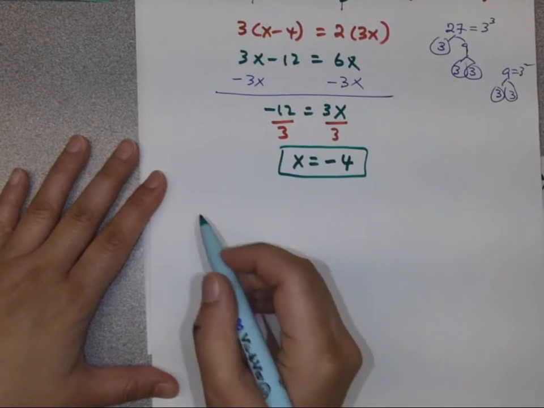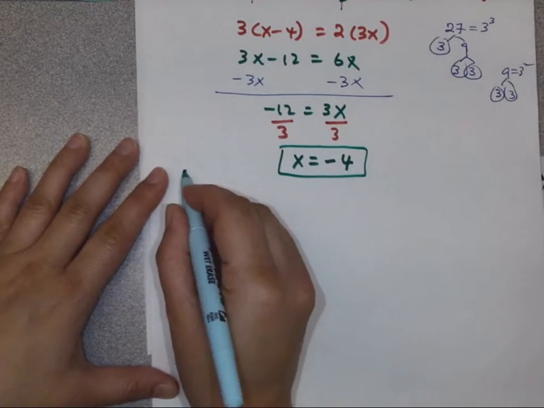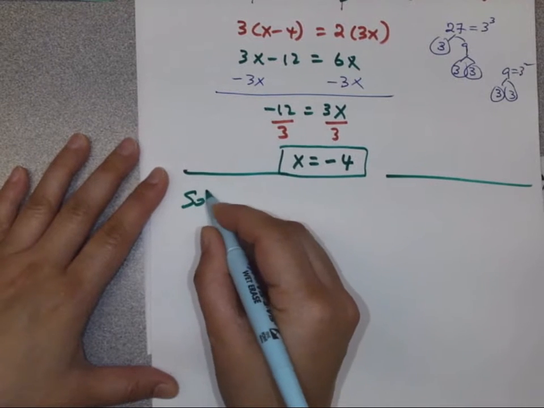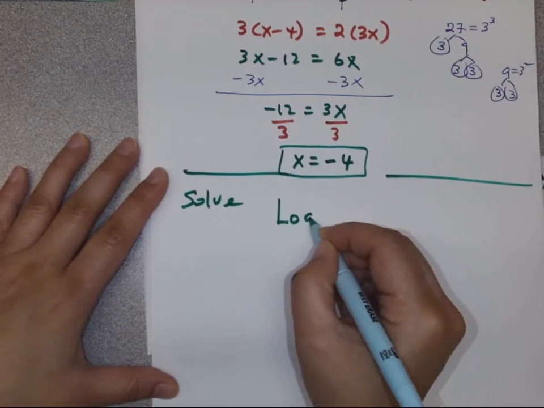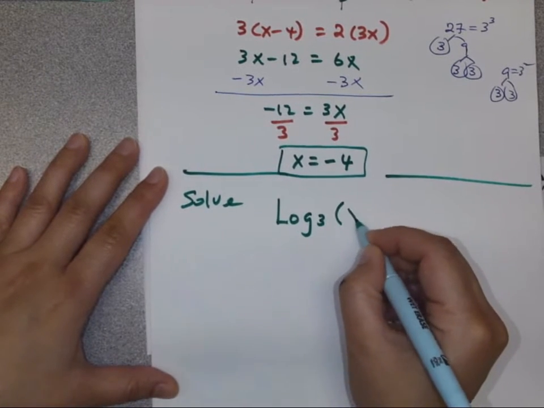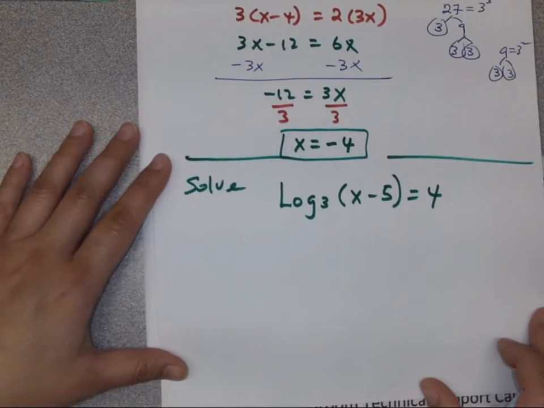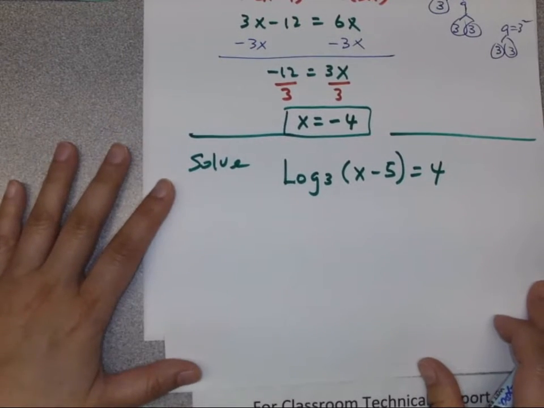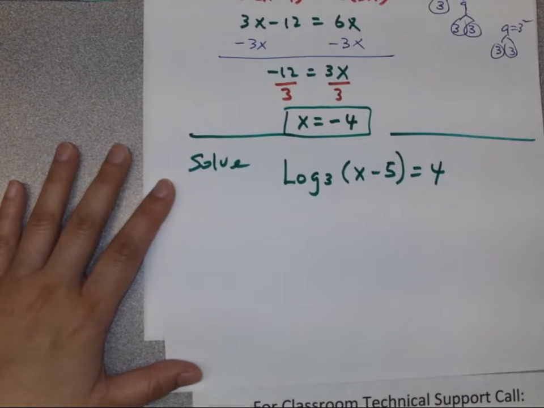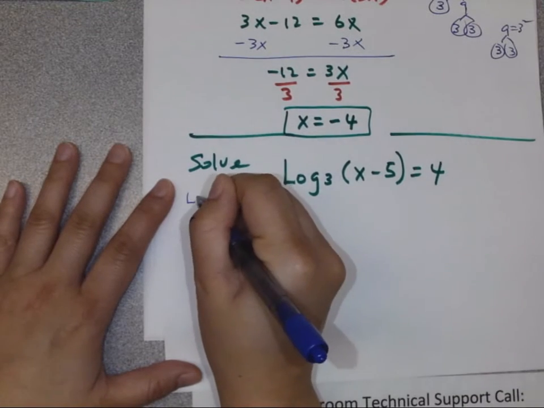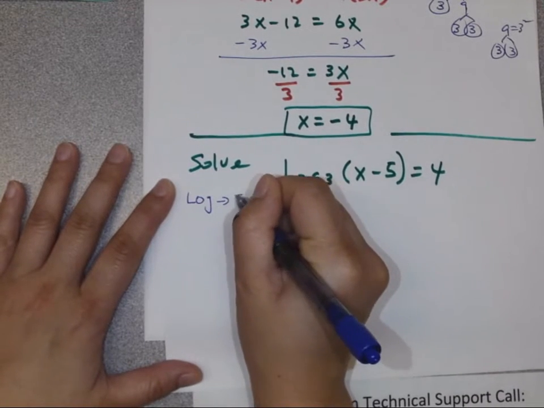All right, the next one, we may have one similar to this, which is solving log base 3 of x minus 5 equal to 4. So if we have a question like this, we need to do what? Change to exponential. So if we're stuck with log, we will try to change it to exponential.